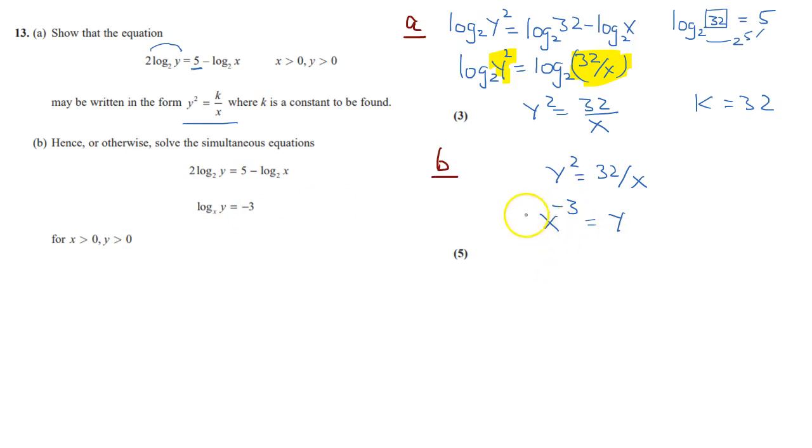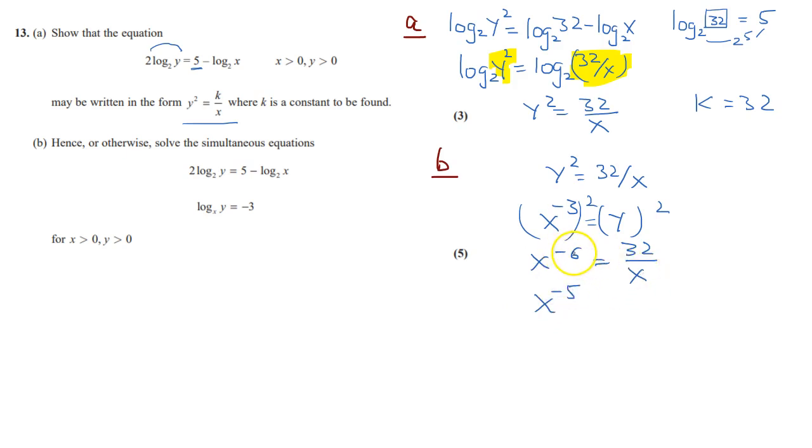Let's square both sides. So x to the power minus 6 is equal to y square, and y square is 32 over x.